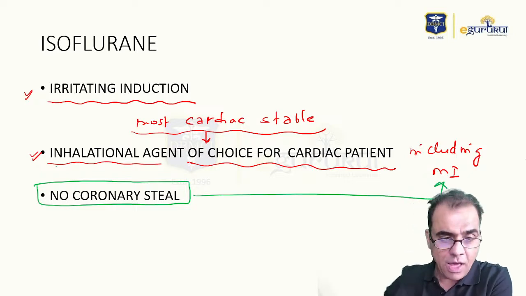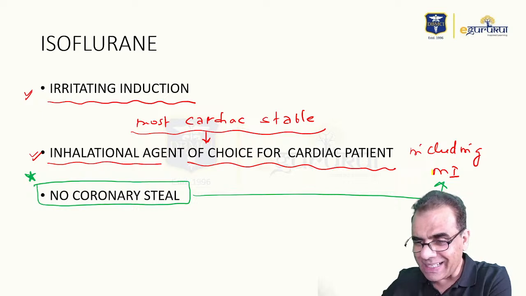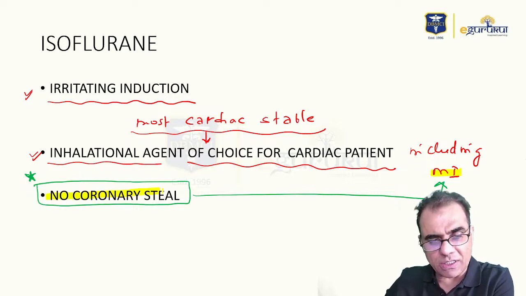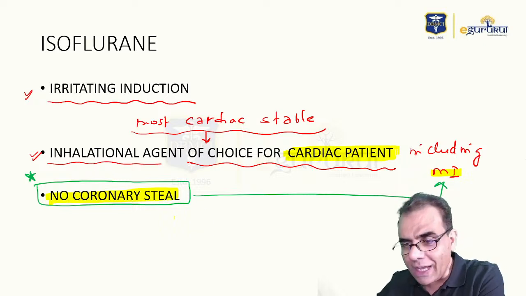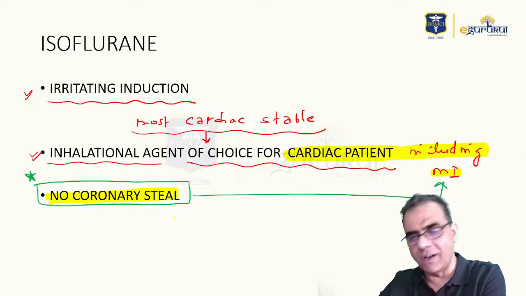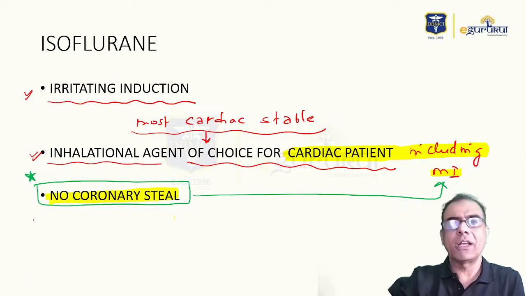Again, a very important recent advancement, because for decades we were avoiding isoflurane for MI patients, considering that it causes coronary steal. We were using it for all other cardiac patients except MI, but now it can be used even for MI patients. This is a very important recent advancement on which you can expect a question.